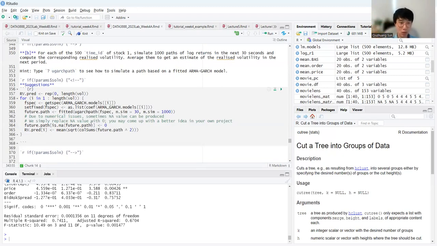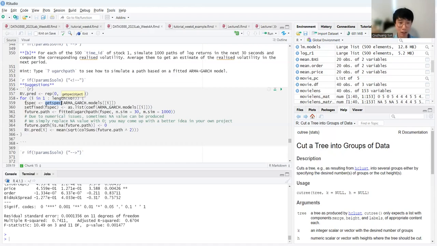So here is the code. After I have fitted an ARMA-GARCH model, I can use this getspec function to extract the original order of the ARMA model, the original order of the GARCH model, and the distribution of the white noise process.